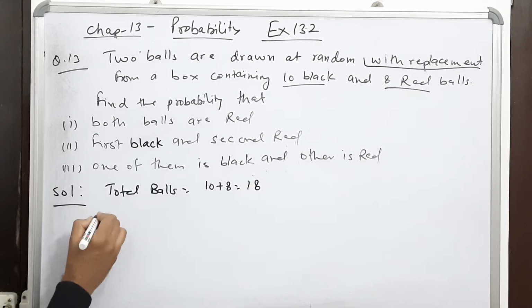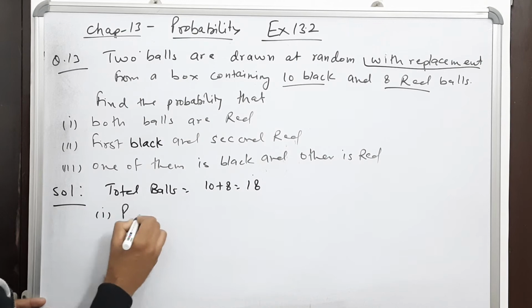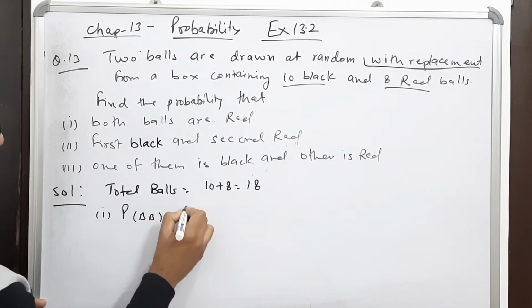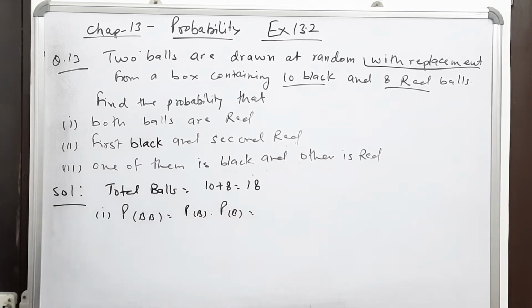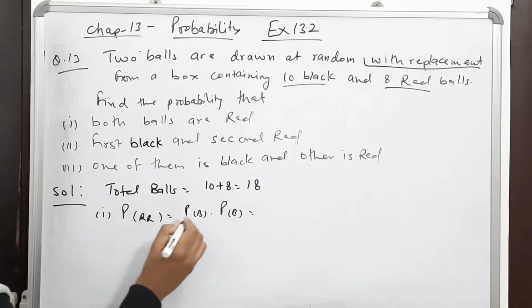Now the first part is both the balls are red. So we can say P(red and red). The first ball is red and the second ball is also red.